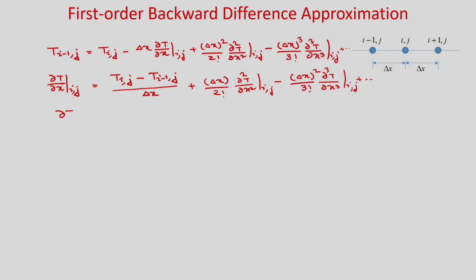So, you can write del T by del x in terms of 2 points, T i j minus T i minus 1 j divided by delta x. This is the finite difference approximation of the first gradient using one backward point, and the order of accuracy is delta x. So, this is known as the first order backward difference approximation.